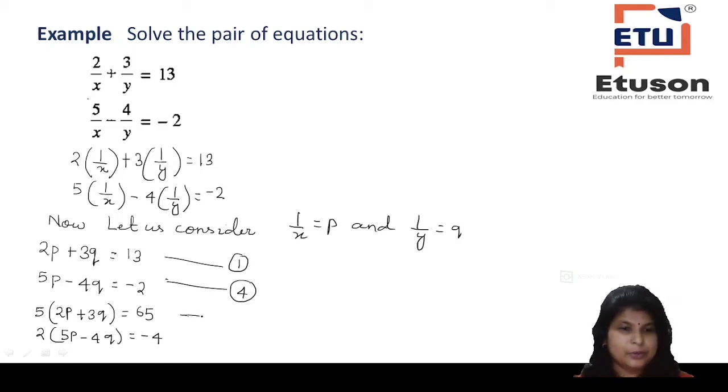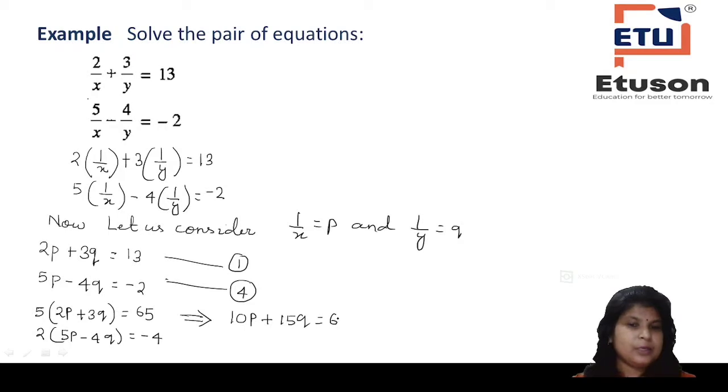So let me write down here itself, that is 10p plus 15q is equal to 65. Similarly, what will be your second equation? It is 10p minus 8q is equal to minus 4. Now, if you subtract both the equations, you will get 15 plus 8q, because minus and minus, so that will become 23q is equal to 69.